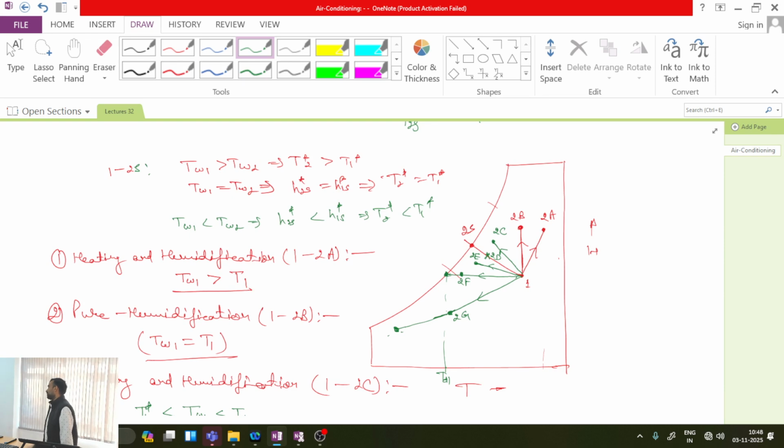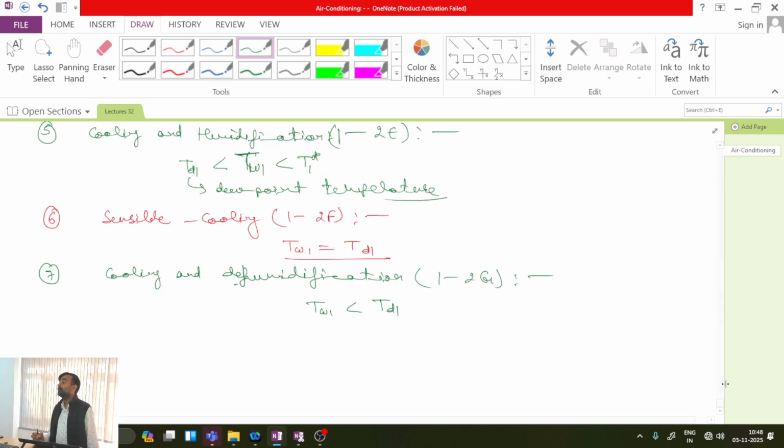So in the air washer also the physical configuration is the same, and even the different psychrometric processes taking place are the same. The only difference is in the purpose we are trying to achieve from that particular device. Is this point clear? So the air washer has very close similarity to the cooling tower which we use in thermal power plants.